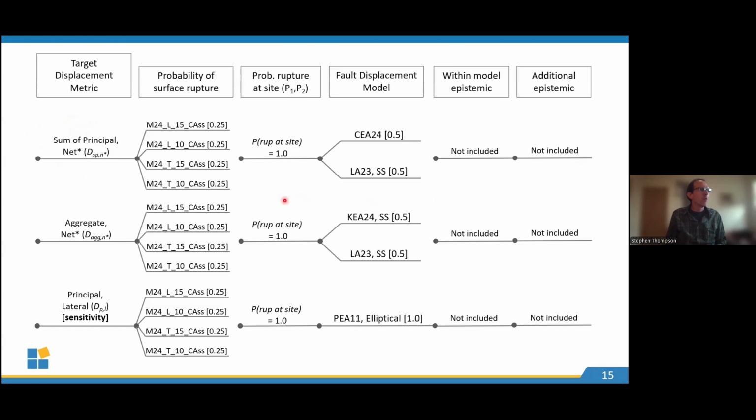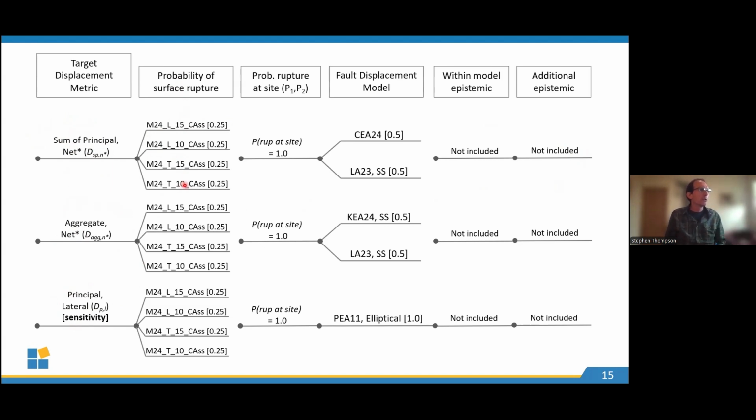So we develop one logic tree and do one calculation for the sum of principal, and we do a separate one for the aggregate. Lastly, as a sensitivity, I'll show a run that was done on the Peterson model, which is just a single principal model. For all of these, for the probability of surface rupture, we've selected a couple of different versions of the Moss et al.